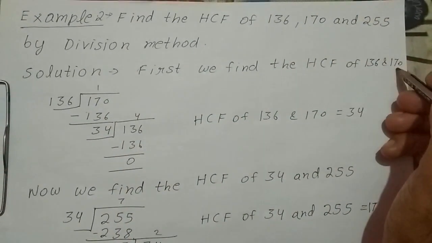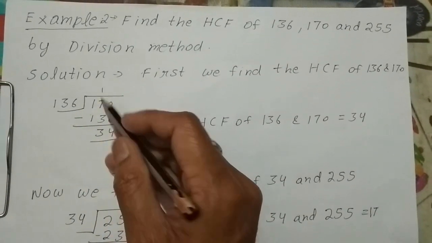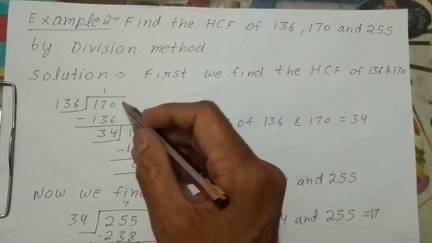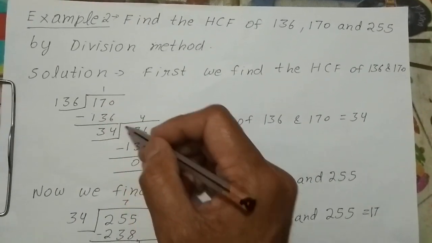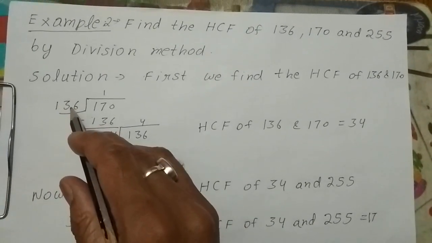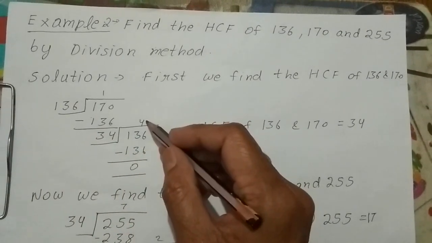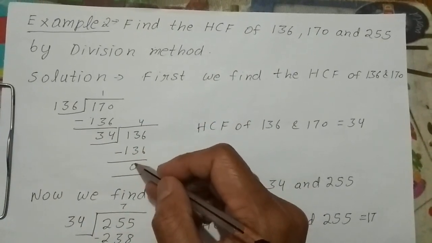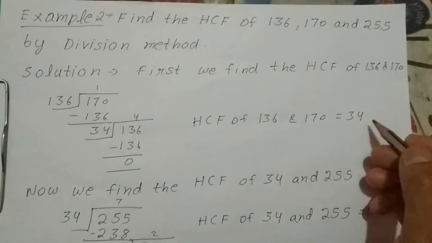We divide 170 by 136. 136 once is 136, and the remainder is 34. Now we divide the divisor 136 by this remainder 34: 34 into 4 is 136. So the HCF of 136 and 170 is 34.